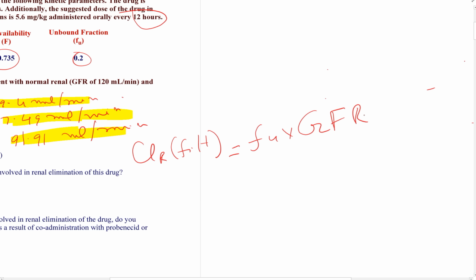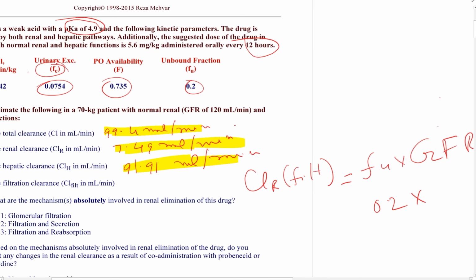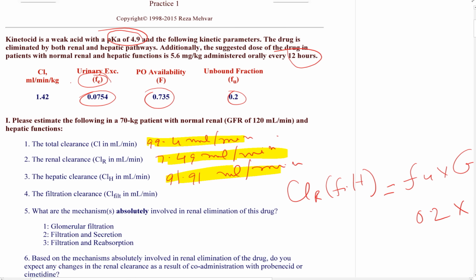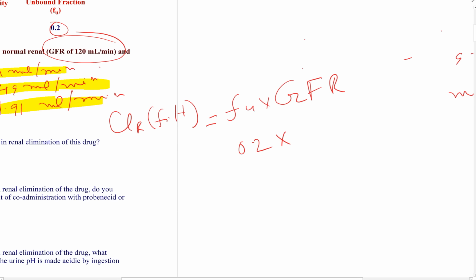Fu is 0.2 and GFR is 120 milliliter per minute, as you see here. So 0.2 times 120 is equal to 24 milliliter per minute.